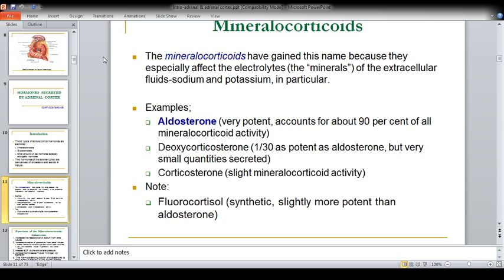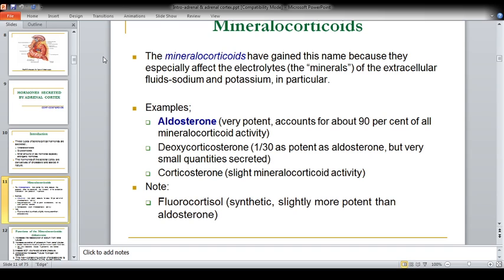Now let's discuss mineralocorticoids, or the secretions of zona glomerulosa. The mineralocorticoids have gained this name because they especially affect the electrolytes or the minerals of the extracellular fluids, namely sodium and potassium.